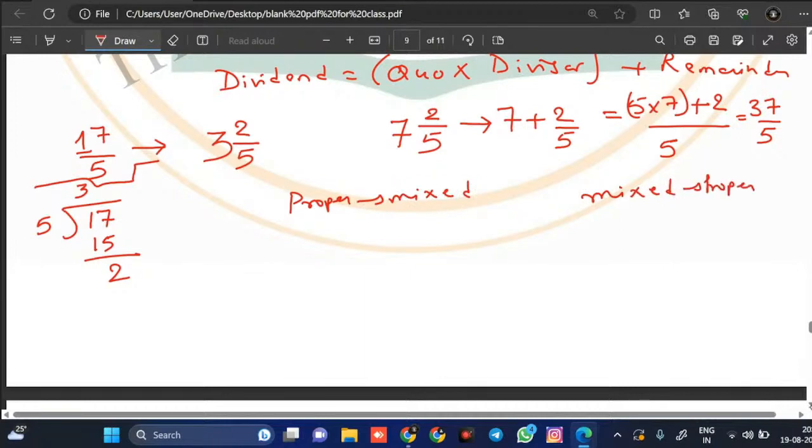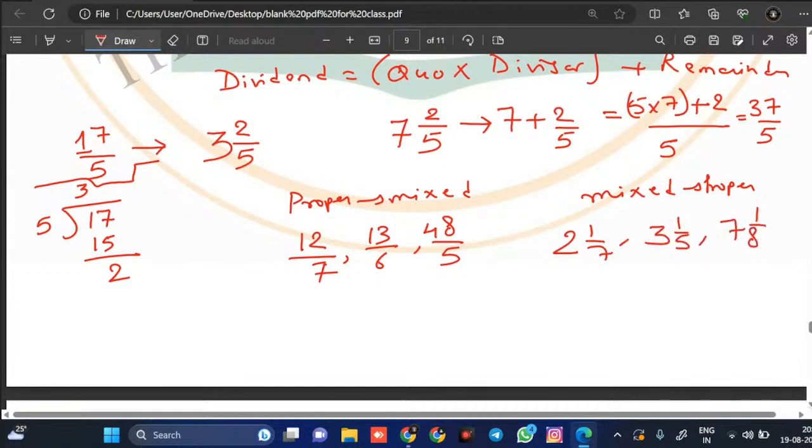For proper to mixed: 12 by 7, 13 by 6, 48 by 5. These 3 questions you can do for mixed fraction. Do 2 1 by 7, 3 1 by 5, 7 1 by 8. These 3 questions you can do from mixed fraction to proper fraction. This is very, very important.